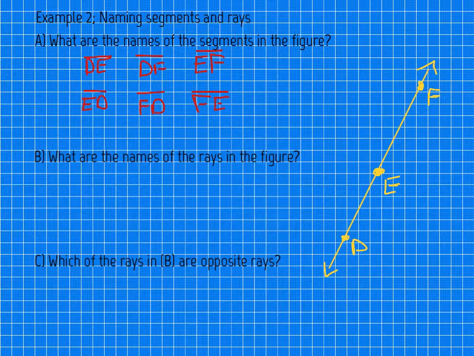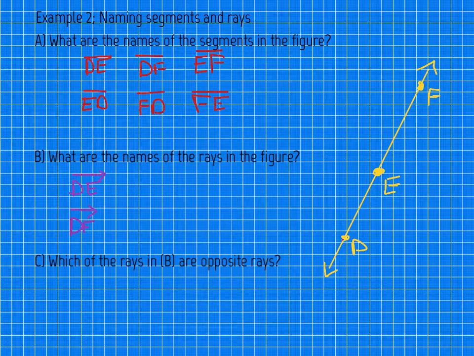For part B, we want to know what are the names of the rays in the figure. So again, rays can go multiple directions. You just have to note what the endpoint is, and then that's how you start. So the first one, we have ray D, because we're going to start at the D and then go that direction, DE. But we also have ray DF, because we could go to the next point.